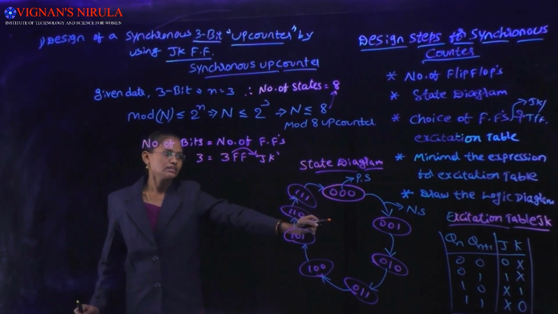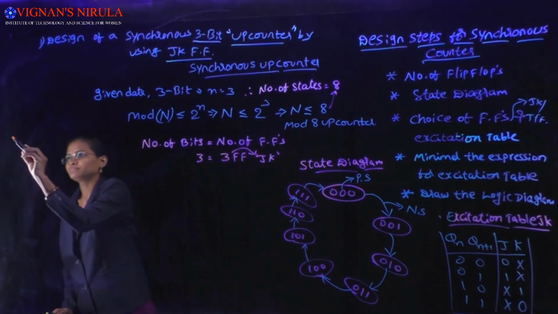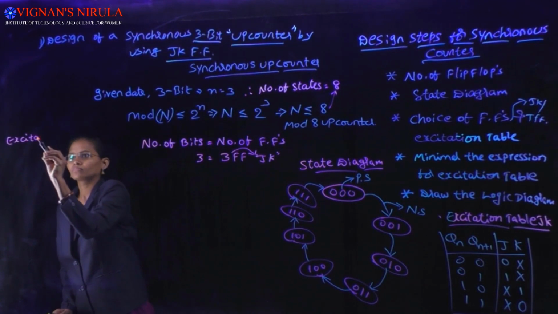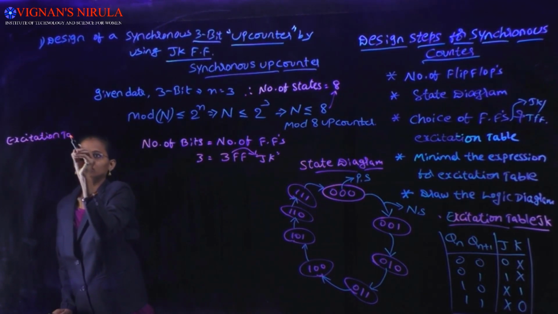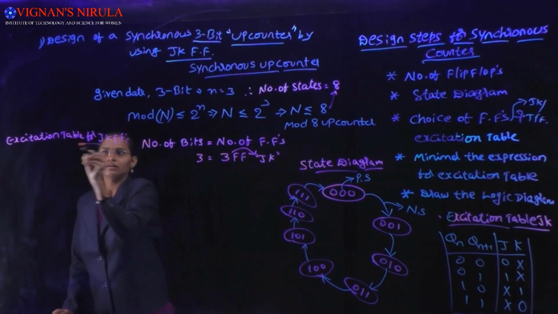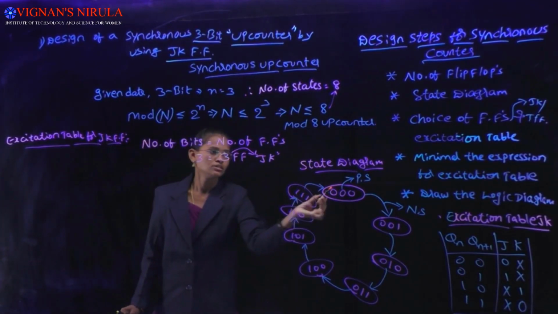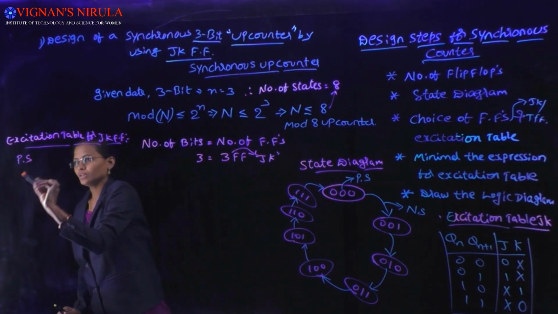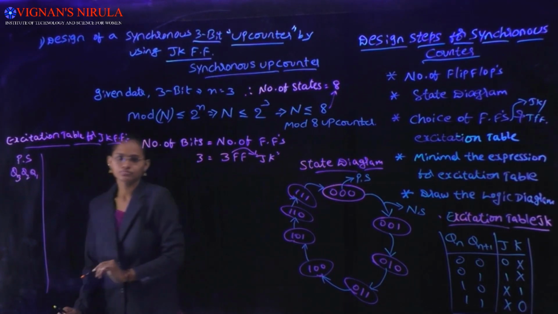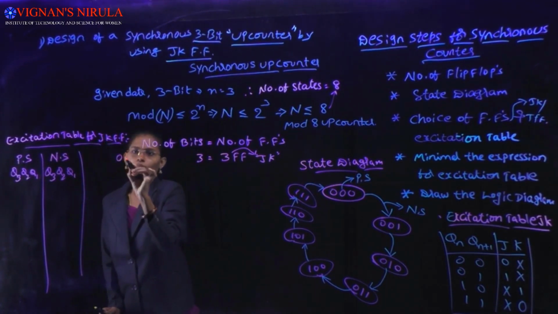By using this excitation table, draw the final excitation table for the JK flip-flop. Okay, here these are the present states: present state Q3, Q2, Q1, and next state Q3, Q2, Q1, and outputs.